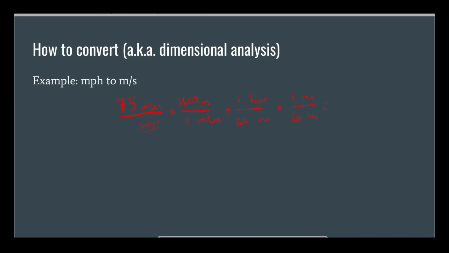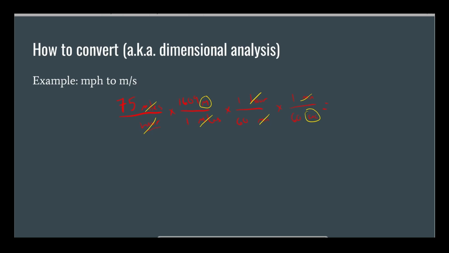Okay. So finally, if you just follow along here and look at what's going to be canceled and what's not going to be canceled, let's maybe put this in a different color. We have hours and hours canceled, minutes, minutes canceled, miles, miles canceled. And what we're left with is meters and seconds.